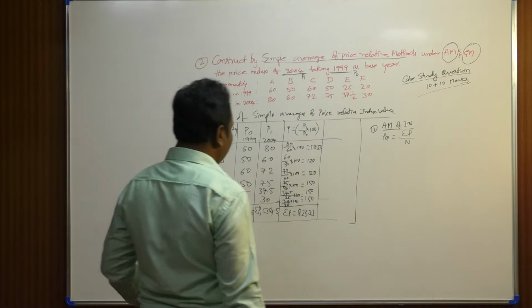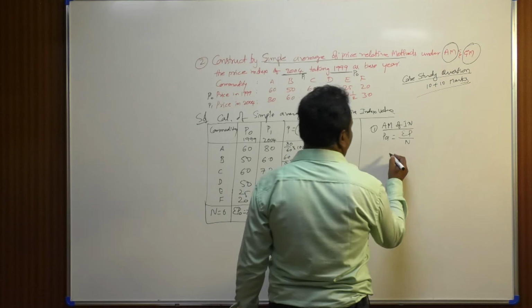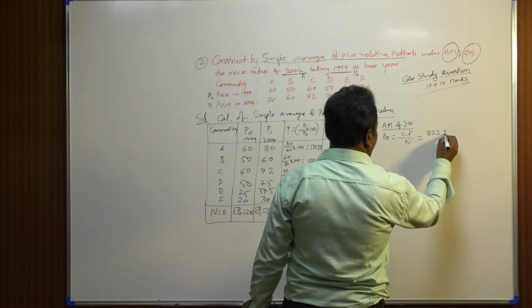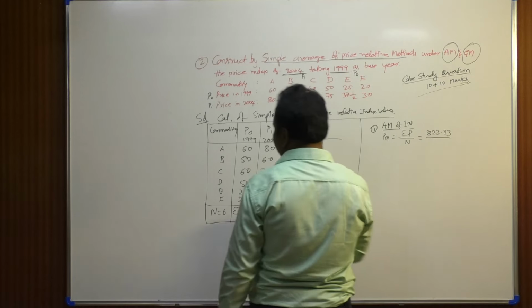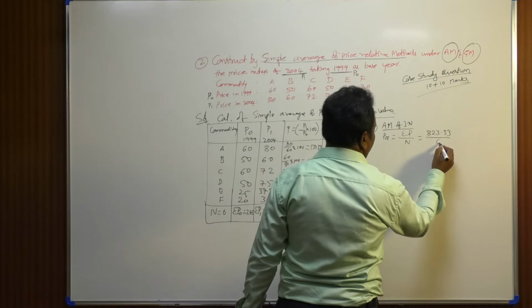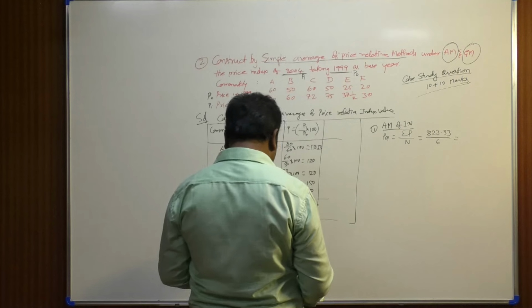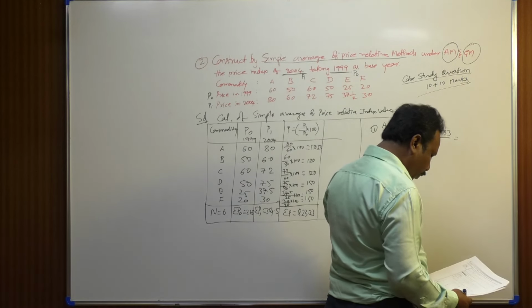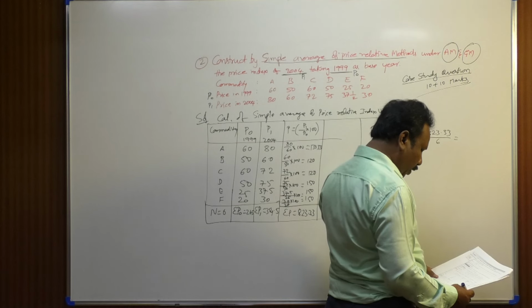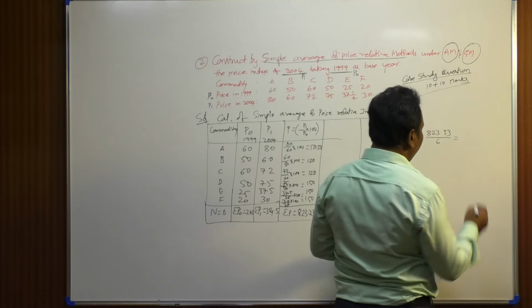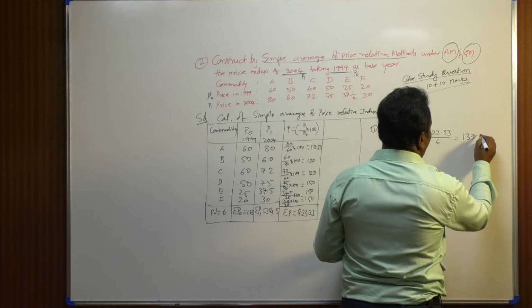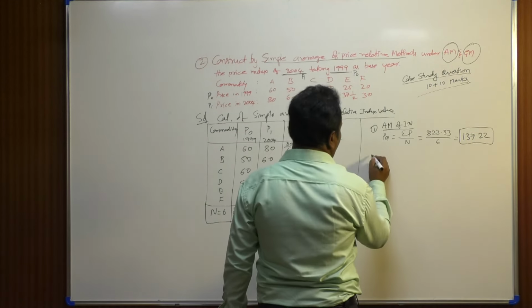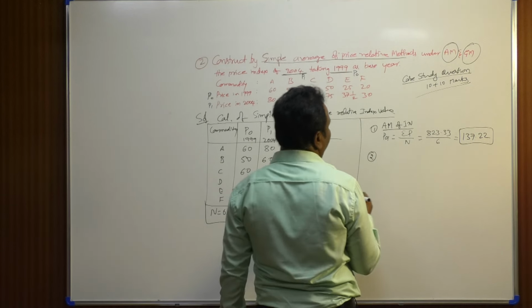Sigma P is 823.33, divided by n, which is 6, equals 137.22. That is 137.22 under the arithmetic mean. Number 2, under the geometric mean.